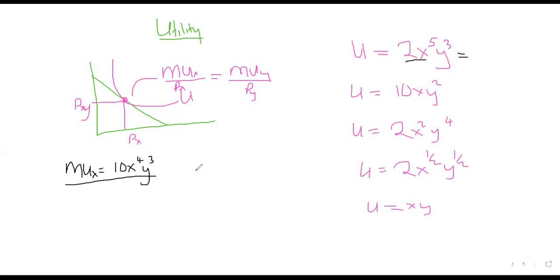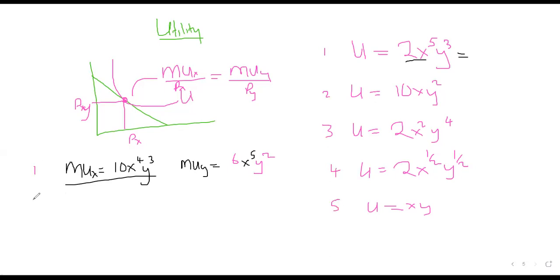How about marginal utility of y? The same question. We're differentiating, so our x^5 remains as it is. So we're differentiating the other two. So we're going to have what? 6y^2.